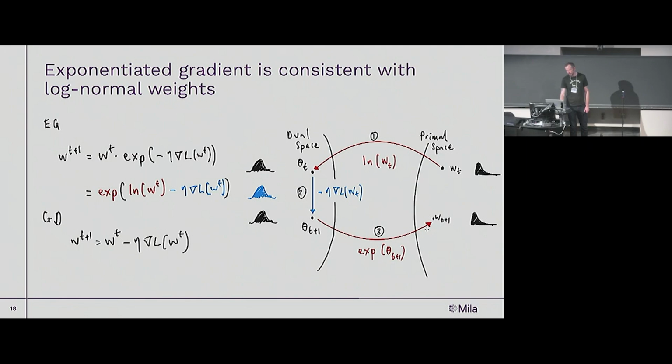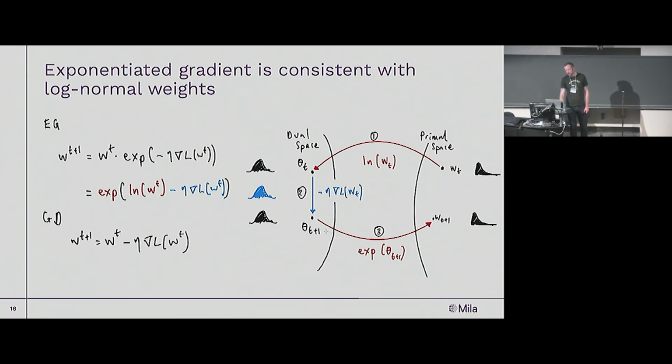Now in the case of the unnormalized Kullback-Leibler divergence that we were using as our distance metric, as our synaptic proximity penalty term, the way to transform a point in synaptic space into the dual space is actually by a logarithm. Then you're going to do an update in the dual space using gradient descent, and then you're going to transform it back via e to those parameters.